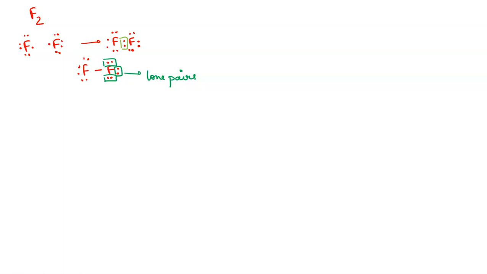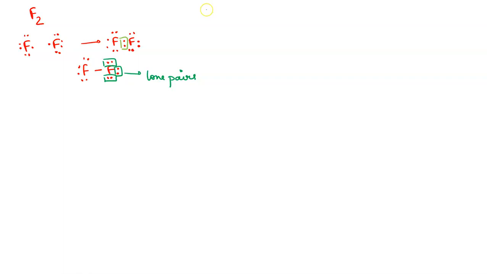Right? So now we're going to go on to larger molecules with different types of atoms. So far we've just been looking at diatomic molecules. So we'll try something like CH4.